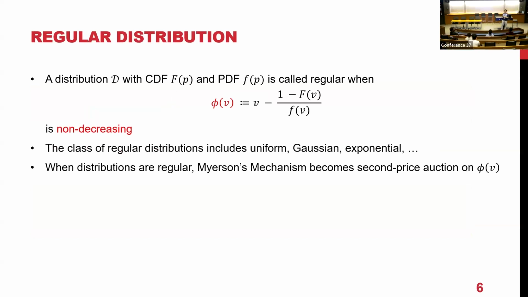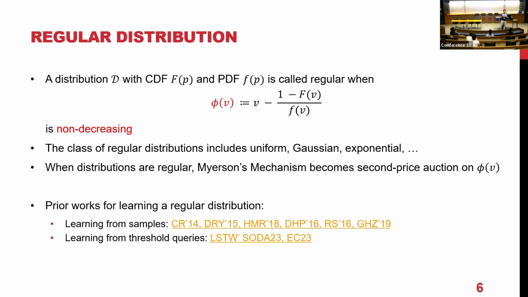This class of regular distributions already includes many classic distributions like uniform, Gaussian, and exponential distributions. The class of regular distributions is quite important, especially in auction theory, because if we have all buyers be regular, then the standard Myerson mechanism simplifies to a second price auction on those virtual values phi(v)'s.